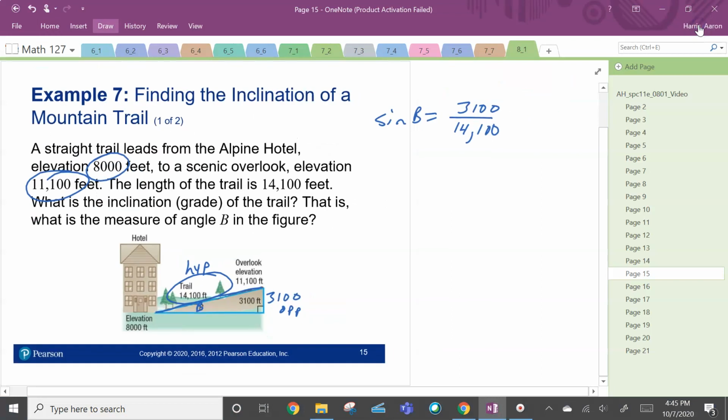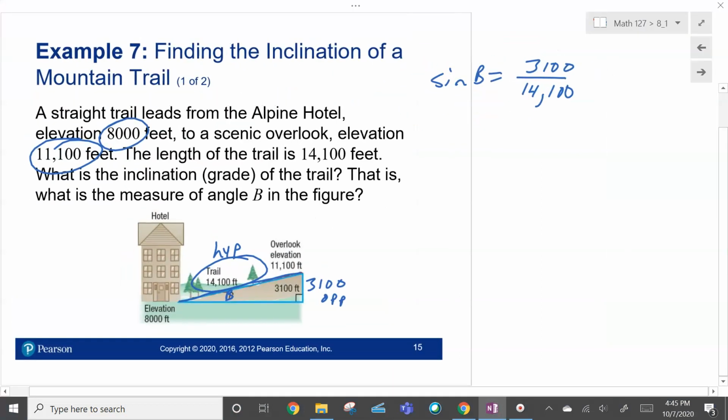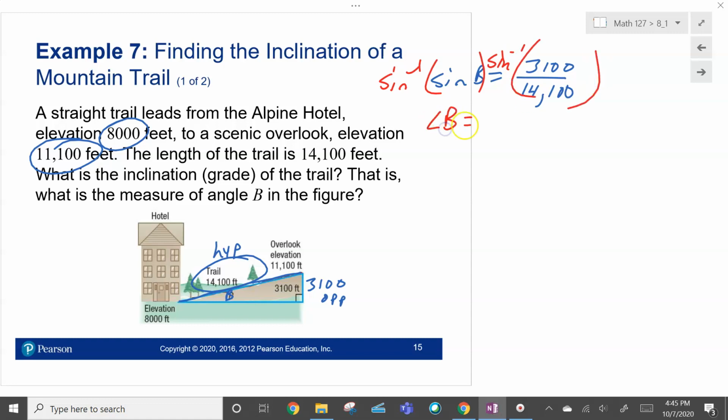Then we have to undo the sine, so we use the arc sine. If my calculator is in degrees, I punch this in and it ends up being 12.7 degrees. So that's the inclination, a 12.7 degree inclination.